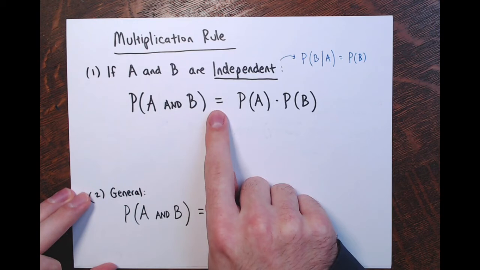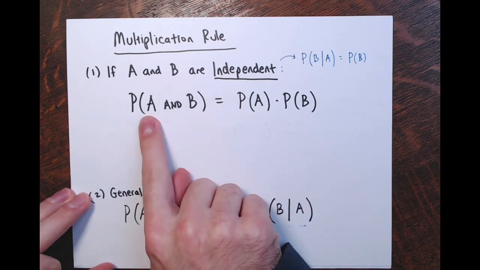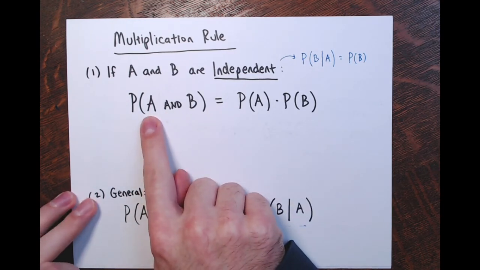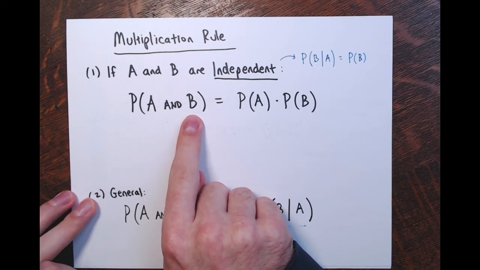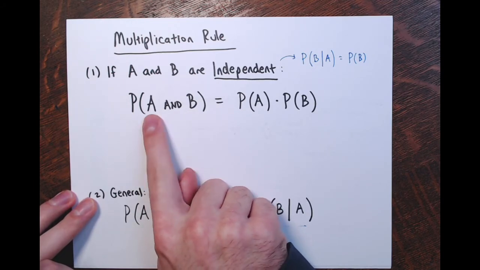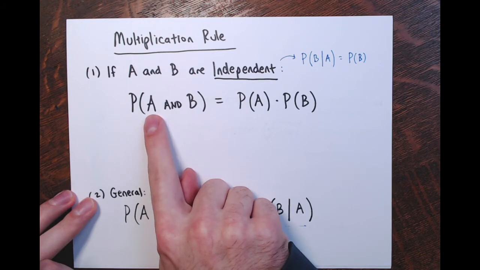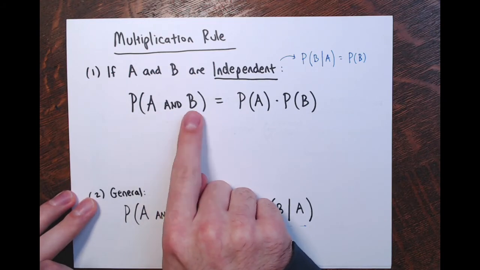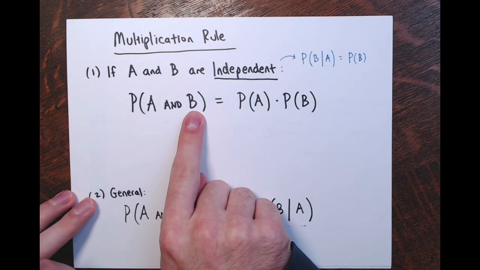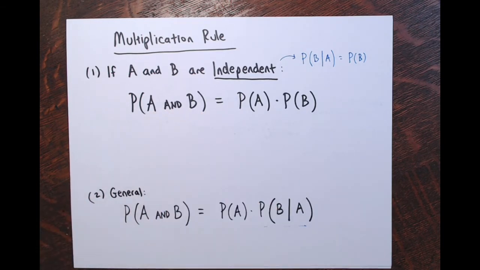A is IQ greater than 115, B is IQ between 115 and 130, and they want the probability of A and B, and they were independent.